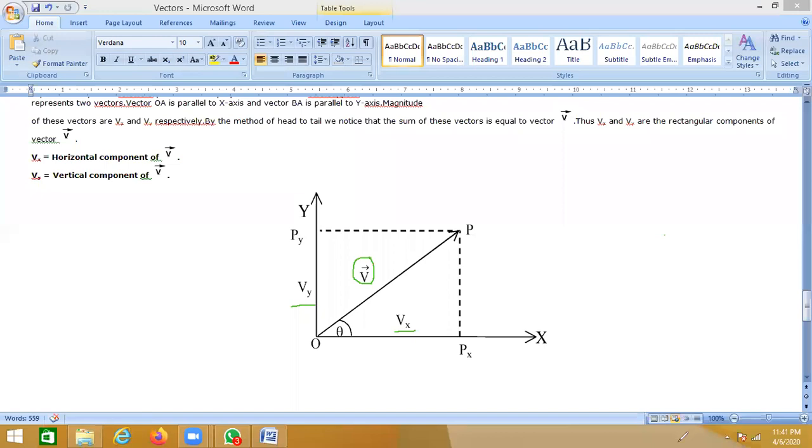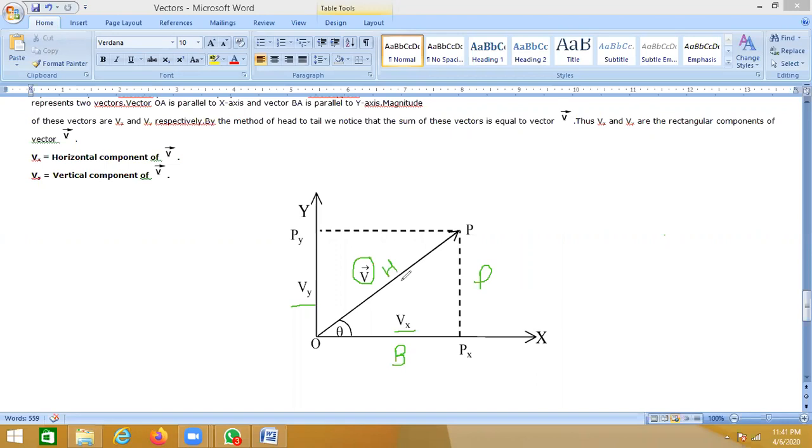So basically, if we take this as a right angle triangle, we know that we have three sides of this triangle. This side is known as the base, this one is the perpendicular, and this side is known as the hypotenuse, right?